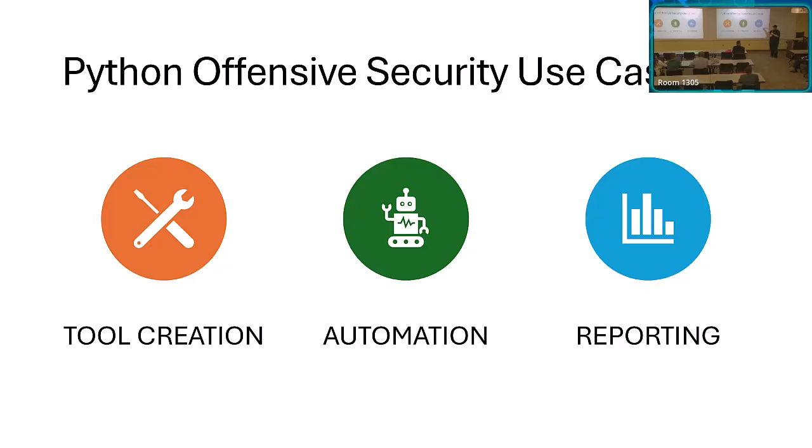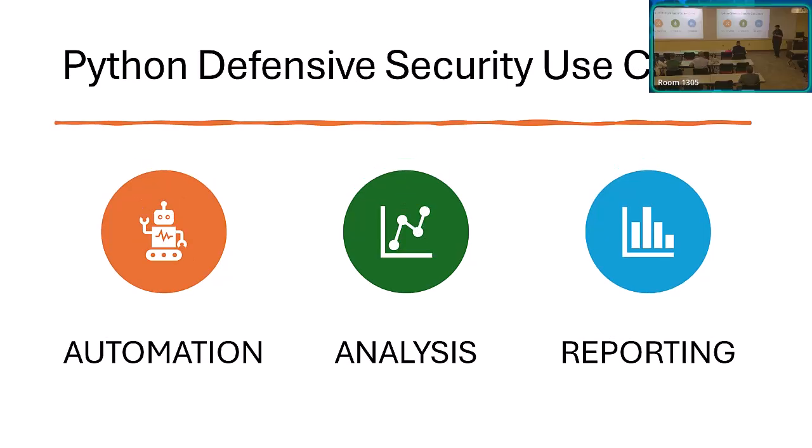There's lots of tools that have been created. You'll find them online. You'll see port scanners. You'll see a lot of different Python tools. Lots of different tools are built using Python and Scapy, a very popular library used for man-in-the-middle attacks. Automation. You can automate your pen testing activities and reporting. There's a lot of use cases. So lots of tools are created in Python, lots of automation, and lots of reporting.